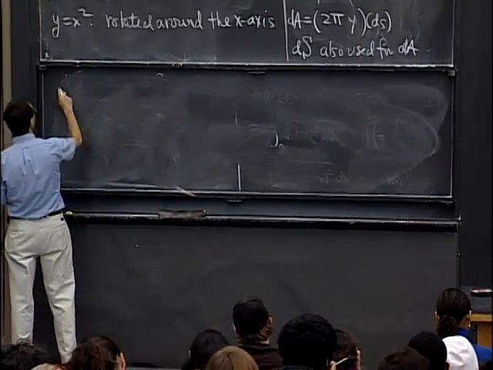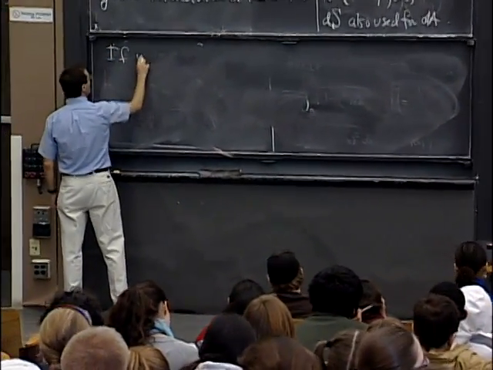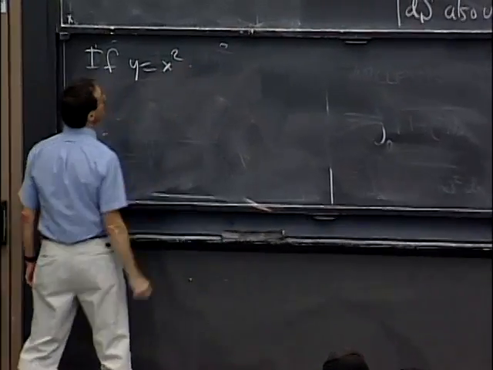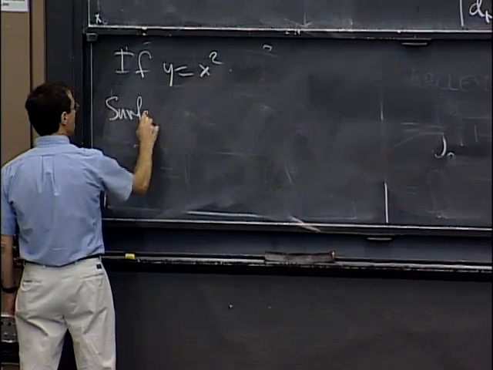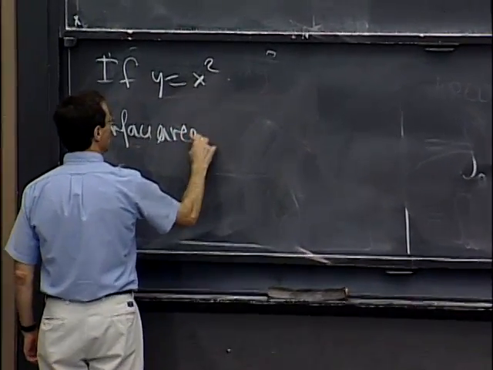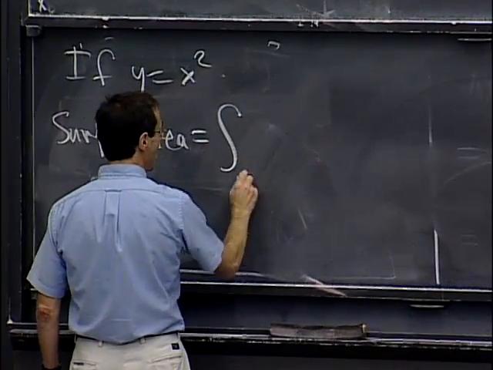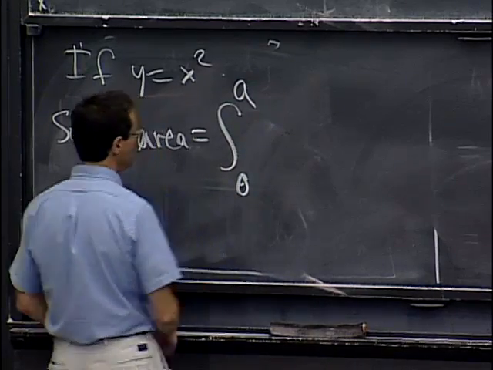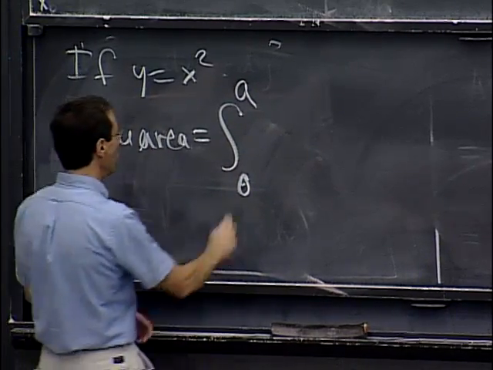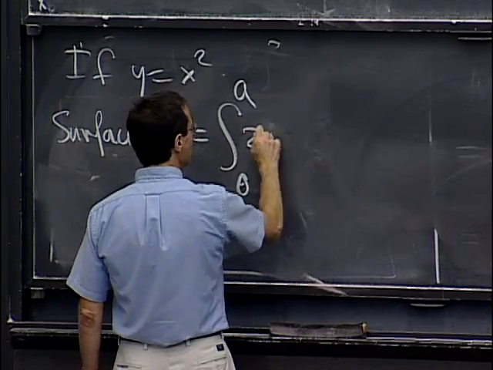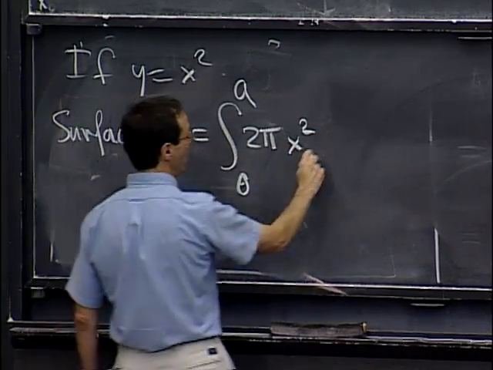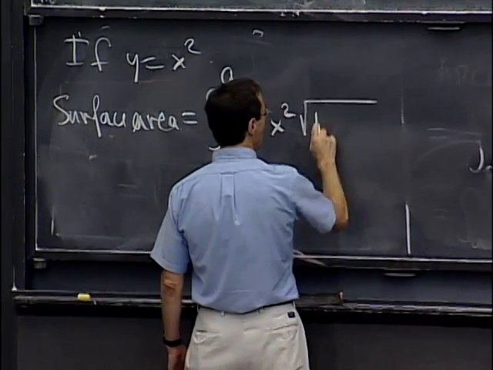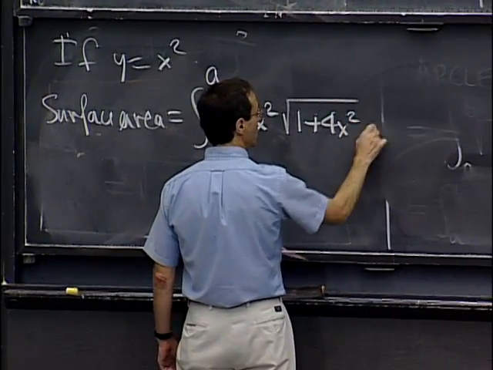So in the example, y is equal to x squared, then the situation is we have the surface area is equal to the integral from, I don't know, 0 to a, if those are the limits that we wanted to choose, of 2 pi x squared, right, because y is x squared, times the square root of 1 plus 4x squared dx.